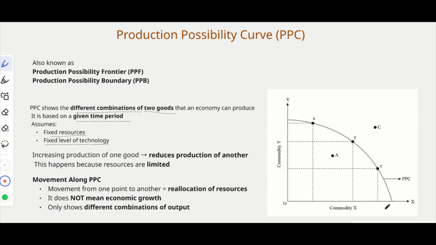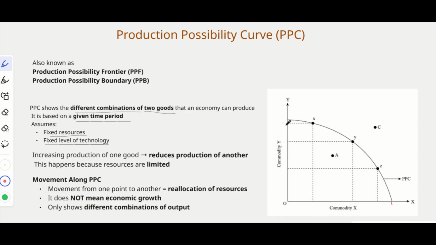So commodity X on the PPC curve shows the maximum number of commodity X that can be produced when we produce zero commodity Y. So when there is no production of commodity Y, this is the maximum amount of commodity X that can be produced with the same resources.